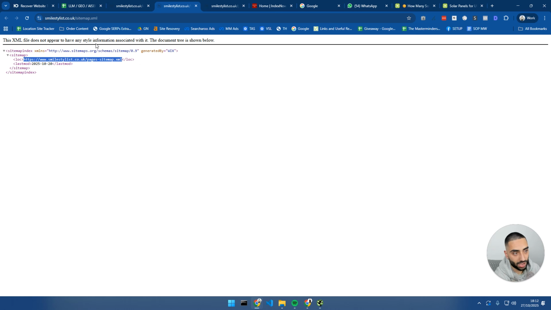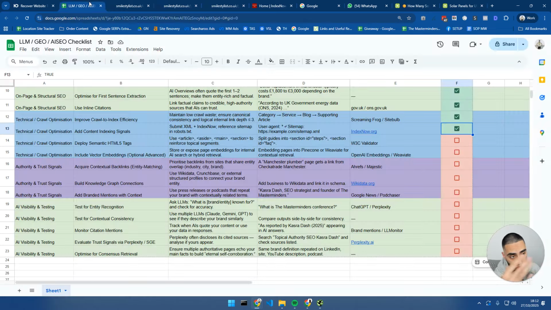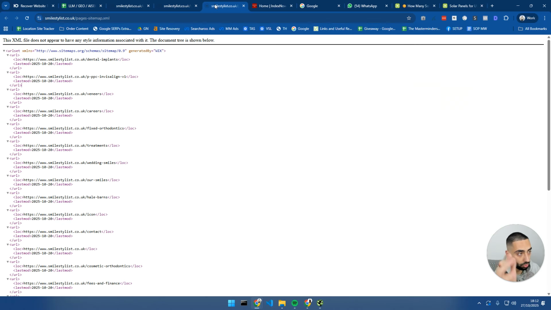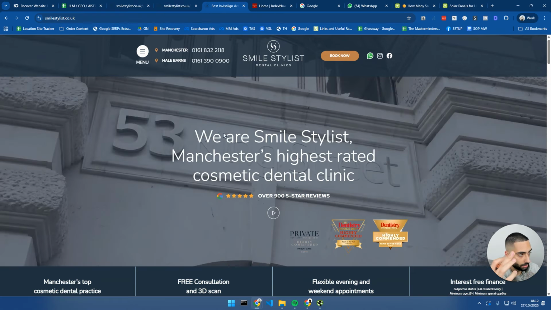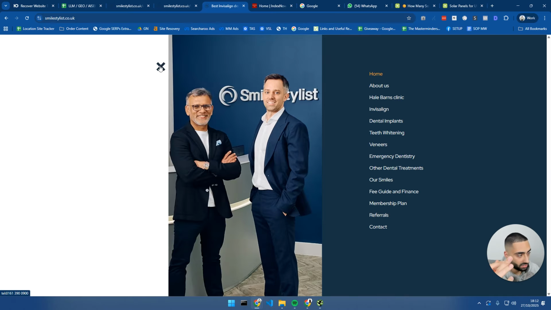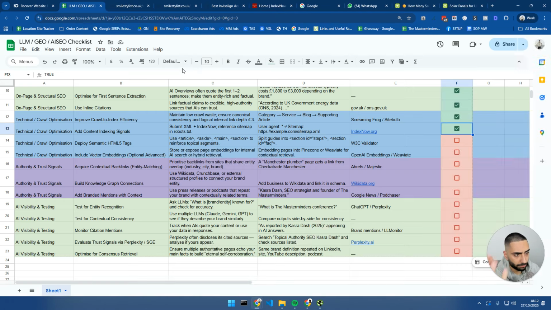If it's not accessible, that technically means that Google or OpenAI, Claude, Perplexity might not crawl your entire website. It might crawl certain parts. So you want to make certain that all of your pages are actually on this. I don't think that all of the pages for this website are actually on here, which is a little bit of a concern for these guys. But make certain that you do that check for your own website.